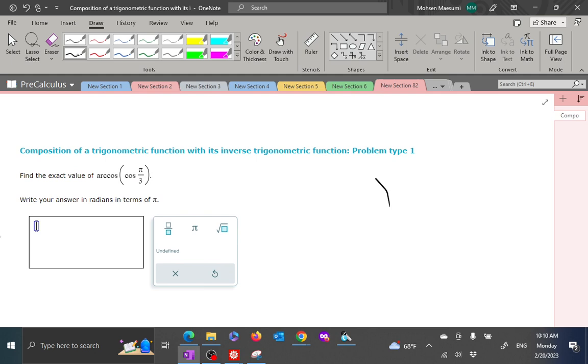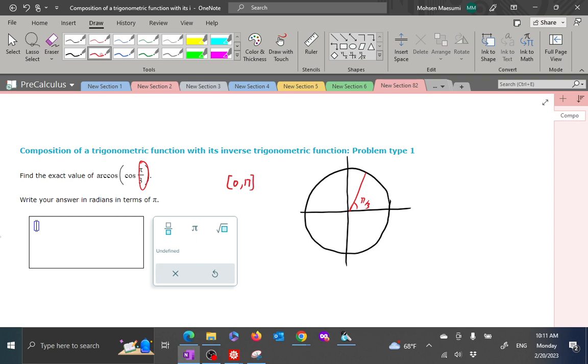So again, I start with this unit circle. The question is, we are given an angle pi third. The question is, find an angle between 0 and pi, so the final answer has to be between 0 and pi, such that its cosine matches cosine of pi third.